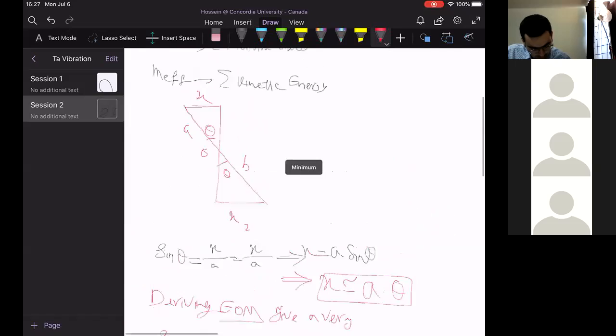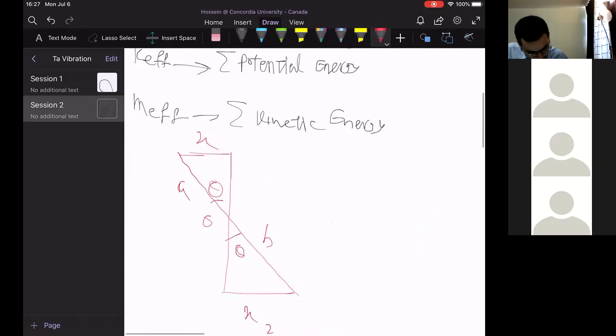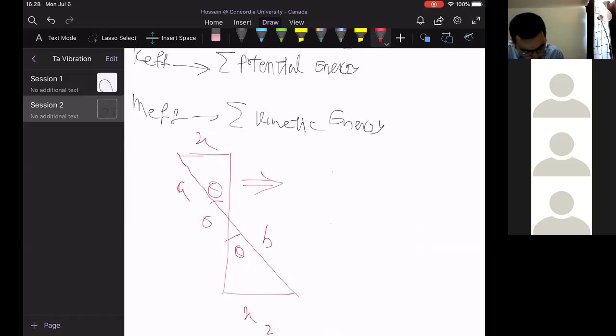So here, by just taking a look at this triangle, you could easily say, you are not supposed to prove this in the exam. I was trying to give you why x can be equal to a multiplied by theta, and why x2 can be related to rotational movement, right? In a similar manner, x2 is equal to b multiplied by theta.